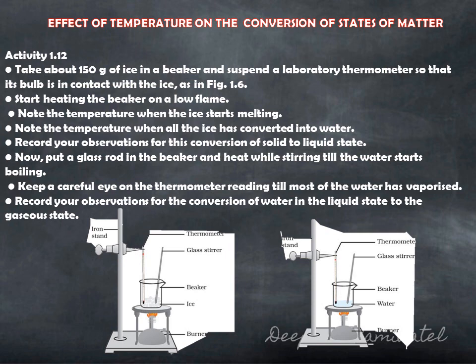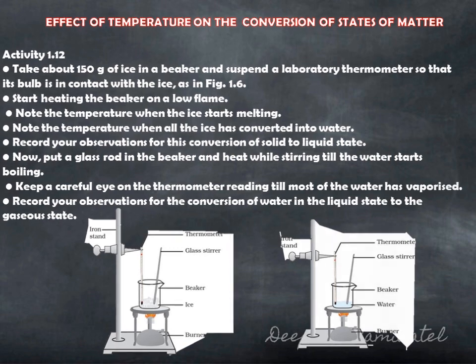In the second figure, as you can see now, when it is water state, that is liquid state, on heating at 100 degrees Celsius, the water started vaporizing. So, with the increase in temperature, the substances, that is ice and water, got converted from one state to another state.